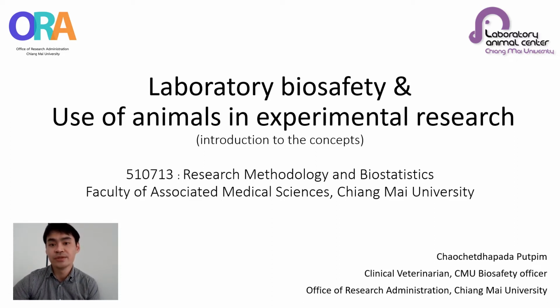The animal use program is the responsibility of the Laboratory Animal Center. It is divided into 3 courses, and whoever has to use animals in their research should enroll in all 3 parts. The first is basic knowledge of animal care and use, and teaching you how to write an animal use protocol, also known as an animal ethics submission form.